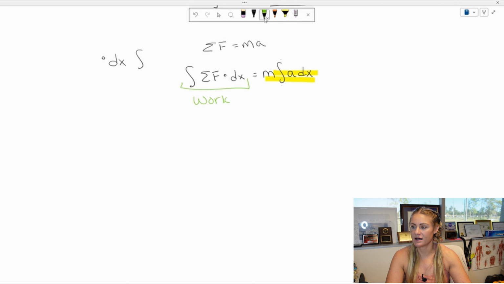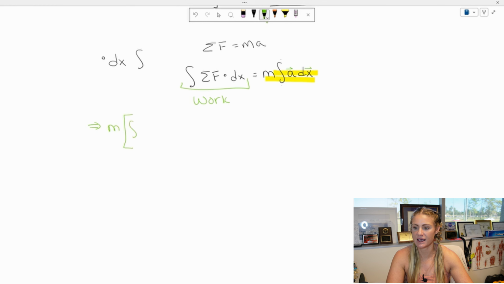So this side, the next step that I'm going to do: this a and this x are vectors, because this is acceleration and displacement. So what I want to do is separate its components.